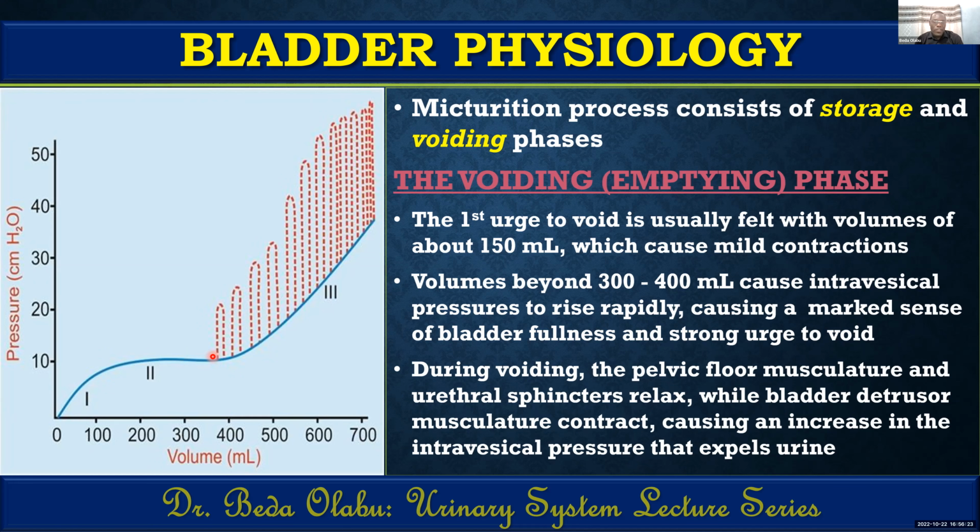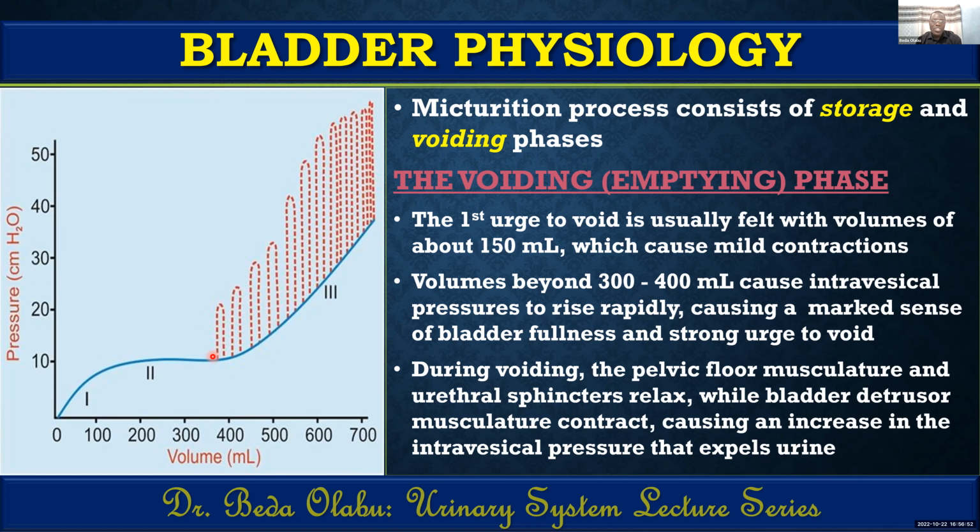During the voiding phase, this is what happens. The muscles in the pelvic floor, as well as the urethral sphincters, usually relax to allow urine to pass through from the urinary bladder through the urethra. However, at the same time, the muscle of the urinary bladder wall, the detrusor muscle, usually contracts.